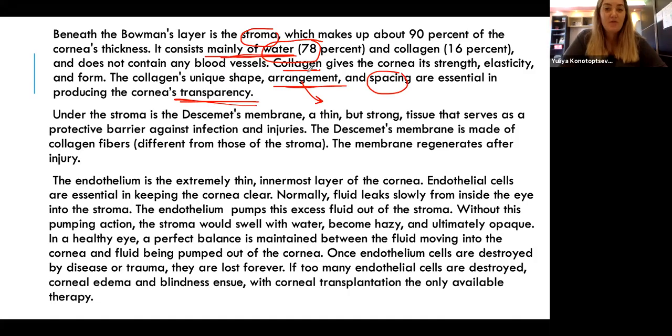I repeat, the arrangement is different. The collagen type 1s in my cornea are parallel to each other. They have spaces between each other and super high water content. Skin and bone is not this watery.